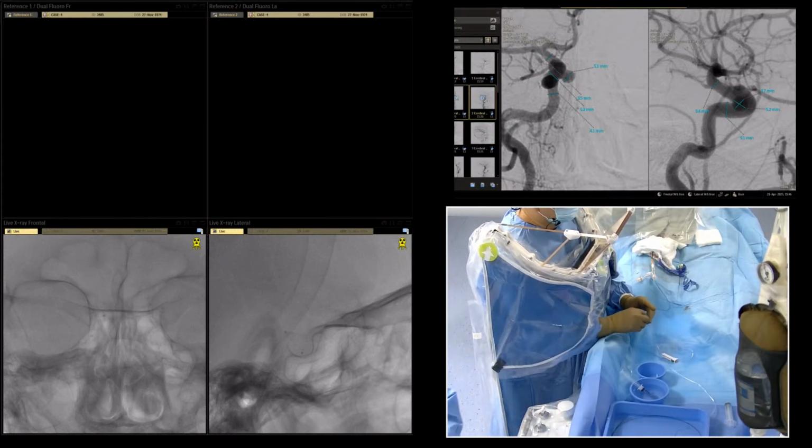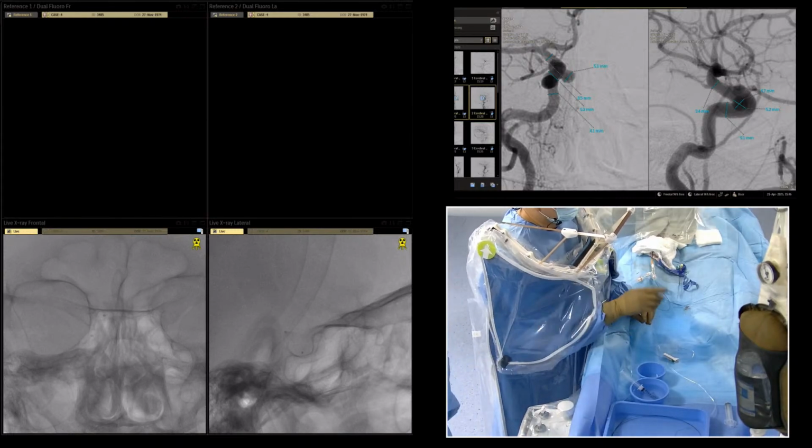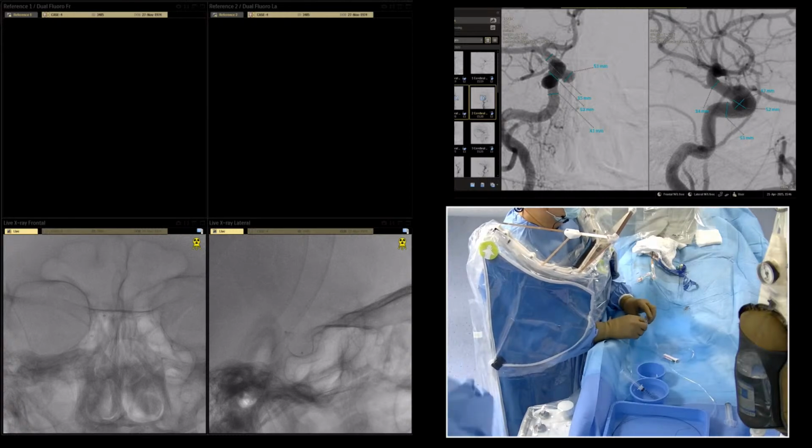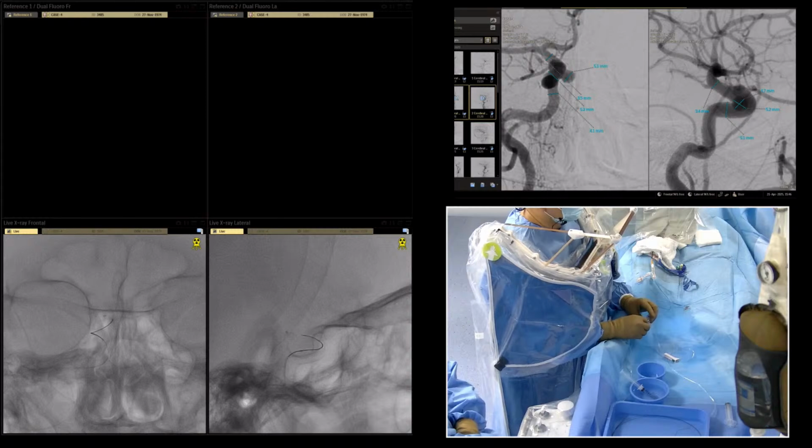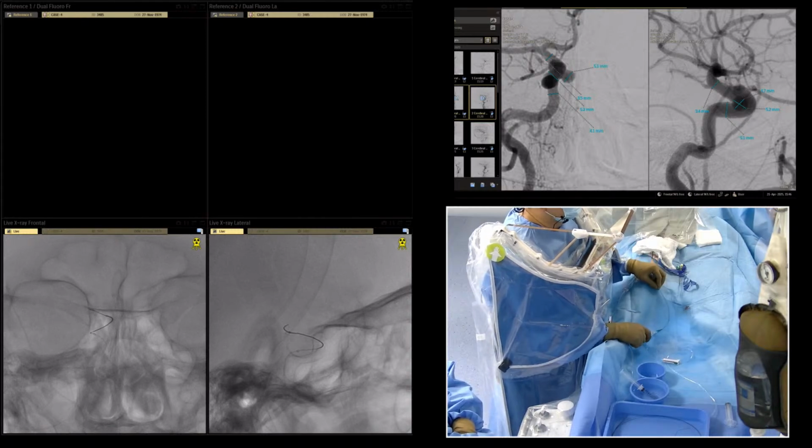I have a reference image on the review screen, and now we can go with the wire. It's in the supraclinoid segment, and now we're in the MCA.